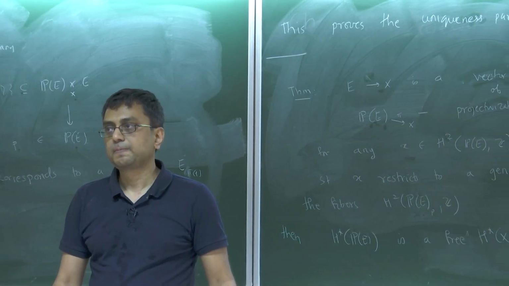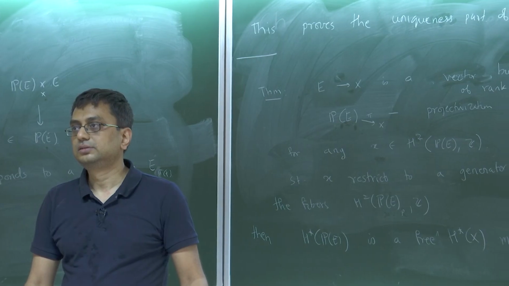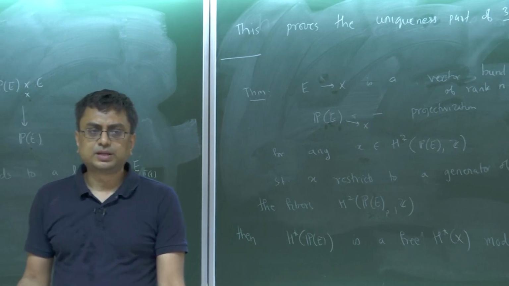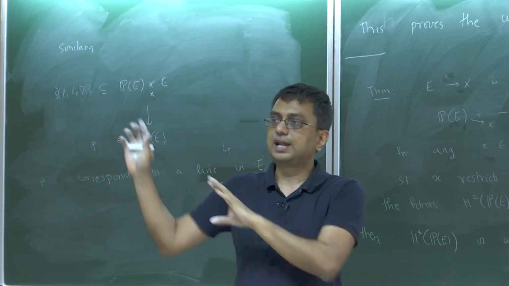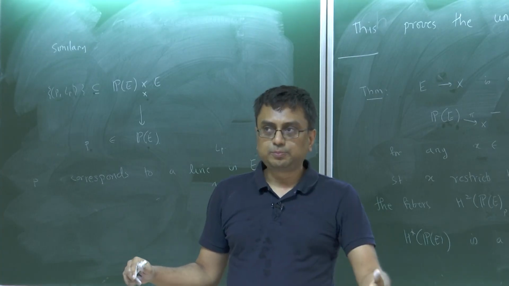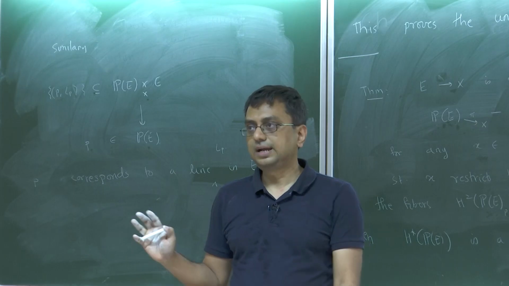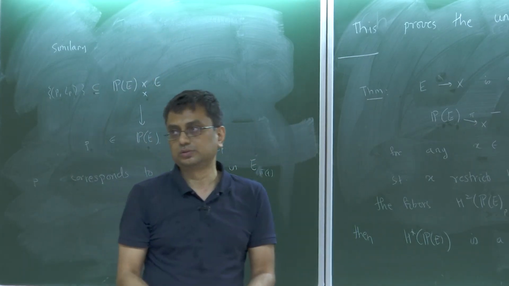Will the pullback of that still be O(-1)? No, it may not be O(-1). I just want my vector bundle to be a direct sum of line bundles. Whatever the pullback of O(-1) from below is, it is some line bundle. That is all. Of course, it will not be the O(-1) of it. It's something pulled back from below.